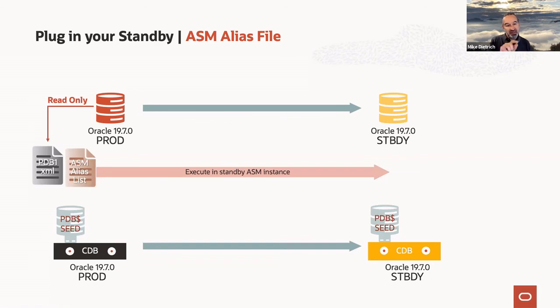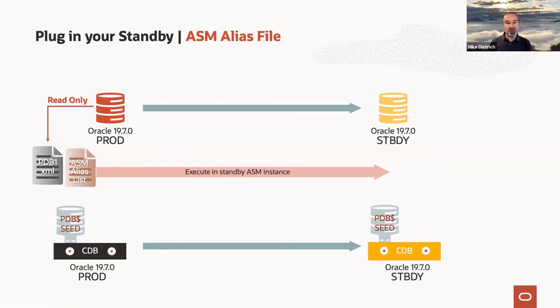This file I need to bring to my standby and I need to execute it in ASM. The purpose for this is, if I would plug in now, and let's say my system tablespace is system.blah.blah.blah, long, like OMF files look like, it would try to plug in exactly the same file on the standby side, which of course does not exist.